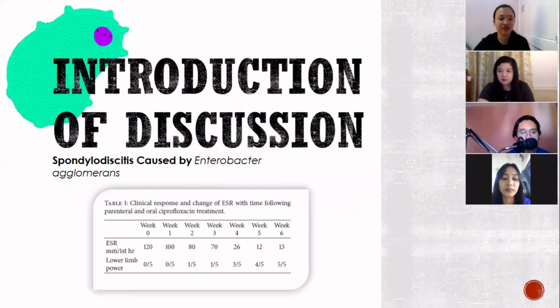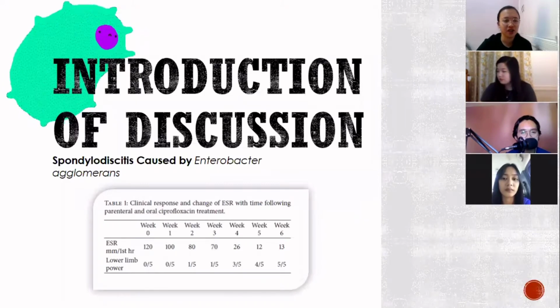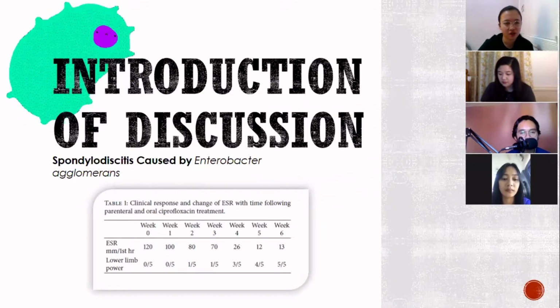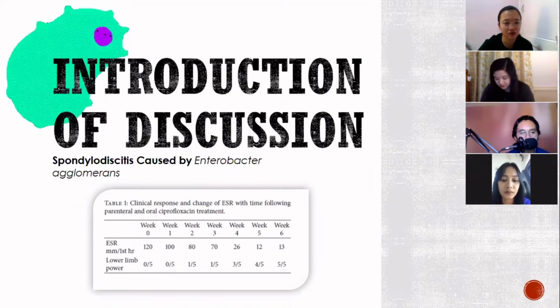As you can see here, the discussion is about a case of spondylodiscitis caused by Enterobacter agglomerans. In Table 1, clinical response and change of ESR with time following parenteral and oral ciprofloxacin treatment.